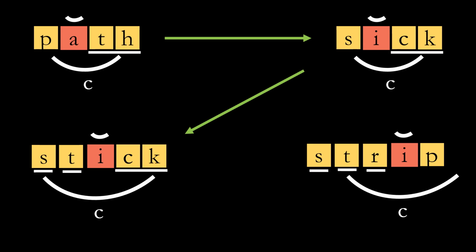Str-ip, str-ip. So that is called a three-letter blend. It's very similar to how stick was marked, except this time we have three consonants in the beginning and we can hear them all. Let's move on and practice some more.